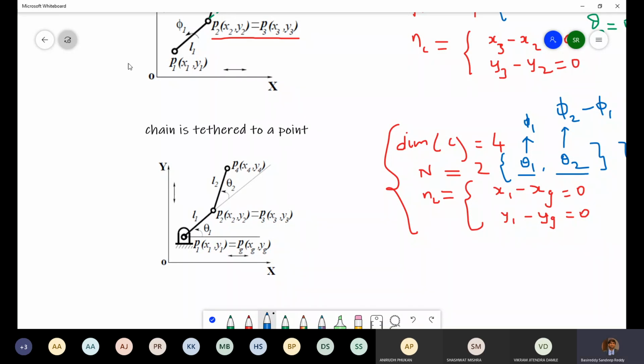Now before I just stop, could anyone tell how far you have studied regarding holonomic and non-holonomic constraints? Have you studied non-holonomic constraints?